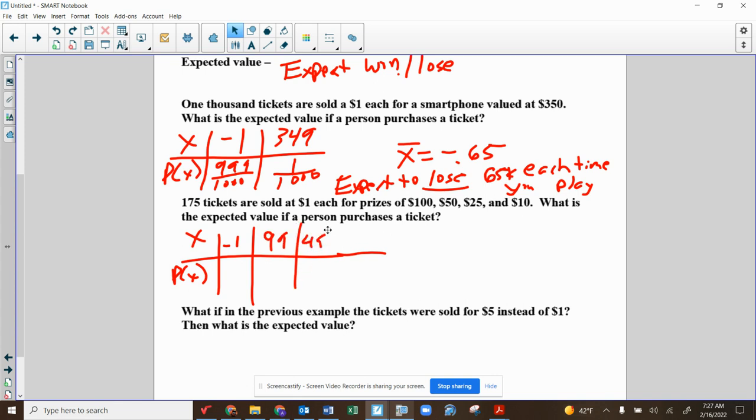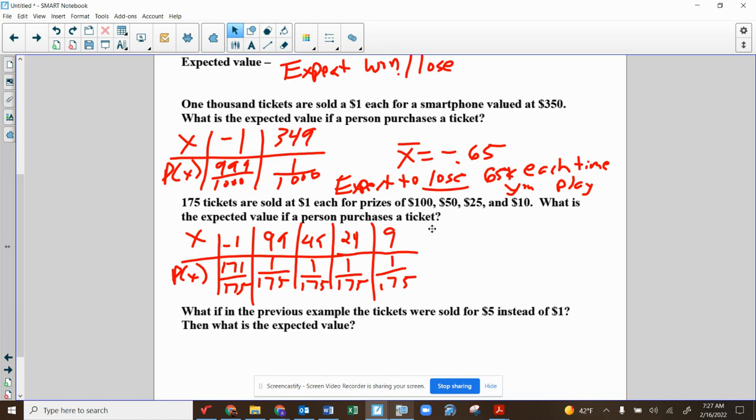You could win 49. You could win 24. You could win 9. So each of these is 1 out of 175. Now again, if it would have said that there are 2 $10 prizes, then this would have been 2 out of 175. And because that's 4, then it'd be the other 171 out of 175 for losing the $1.